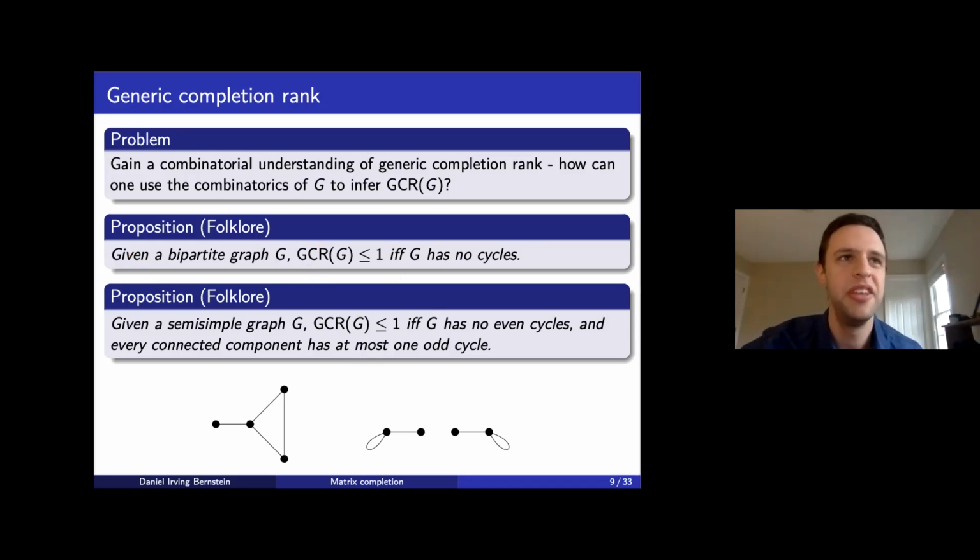Given a bipartite graph G, the generic completion rank is less than or equal to 1 if and only if it has no cycles. In other words, if you observe a pattern of known and unknown entries in the non-symmetric setting, you can always complete to rank 1 if and only if your corresponding graph has no cycles. And actually, this is also true over the reals.